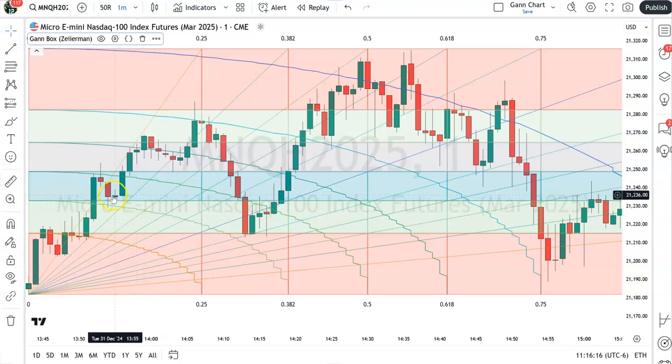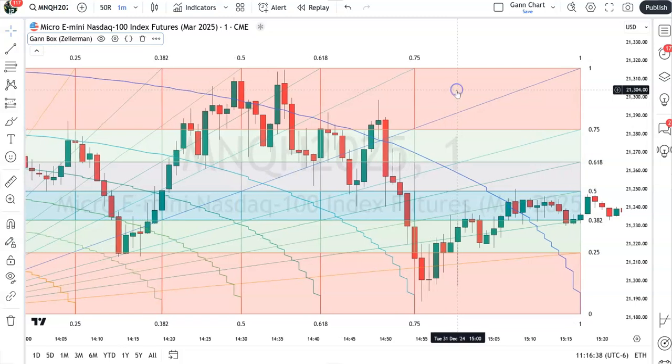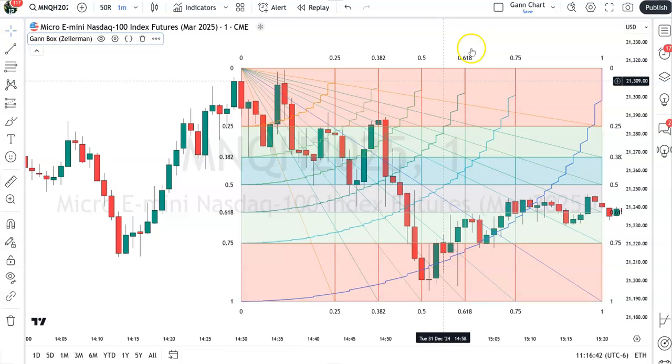We have these angles. We have some arcs, which who would ever have thought of placing these on a chart to determine possible support, resistance, and price movement? So for instance, let's just look. Now remember, when we draw lines in a chart, nothing is exact, right?